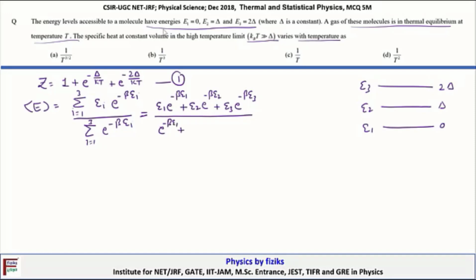Now the partition function: e power minus beta E2 plus e power minus beta E3.